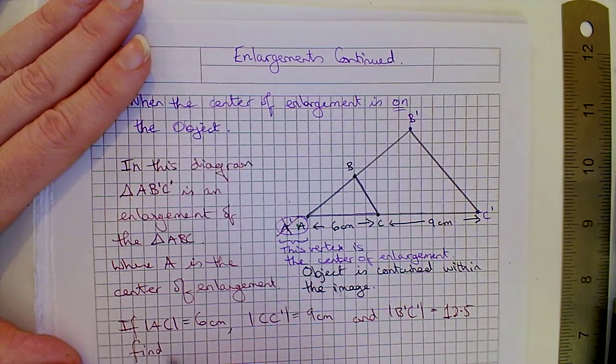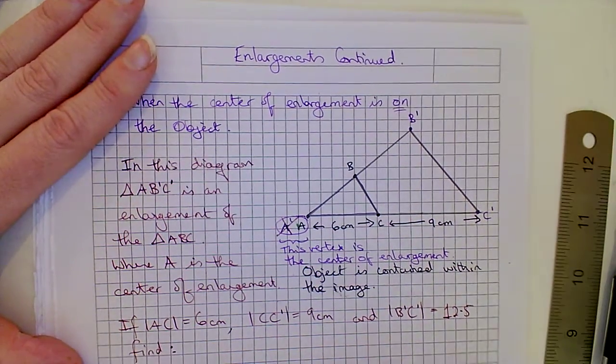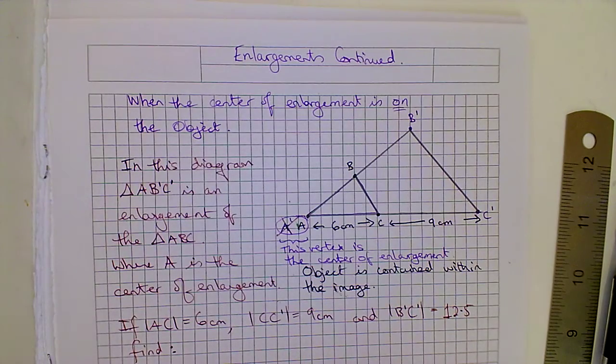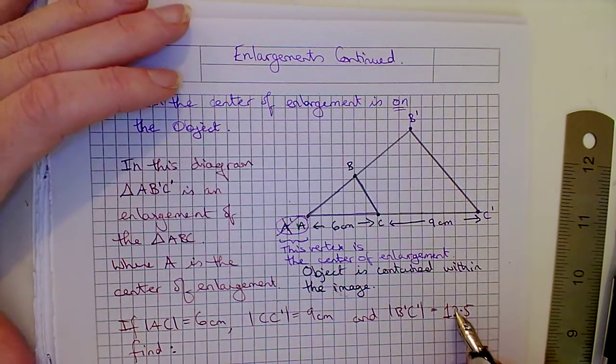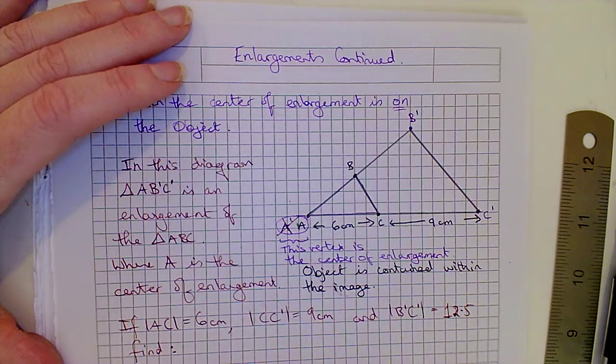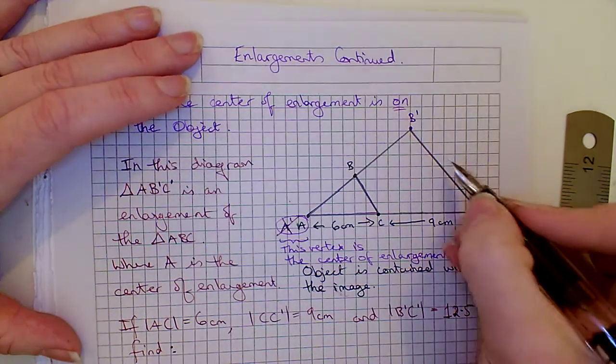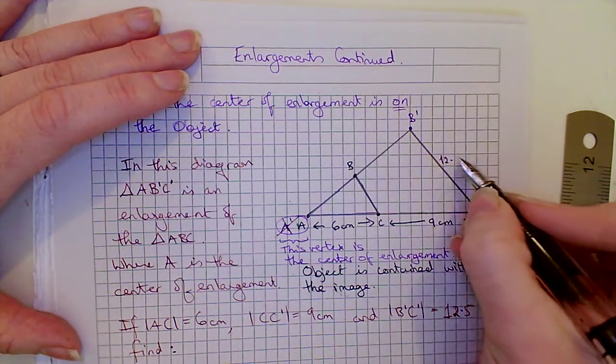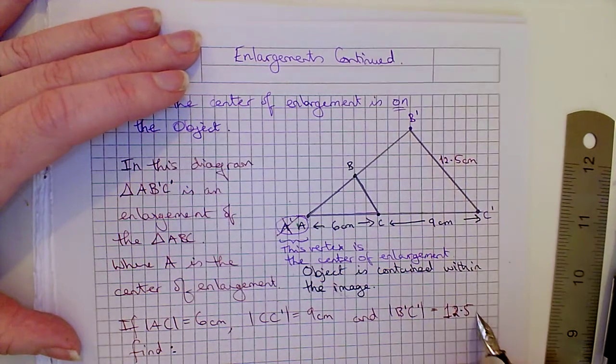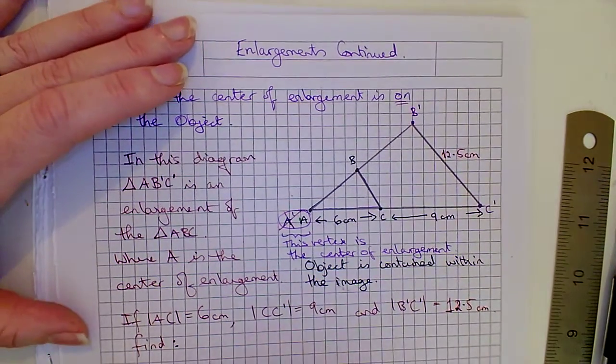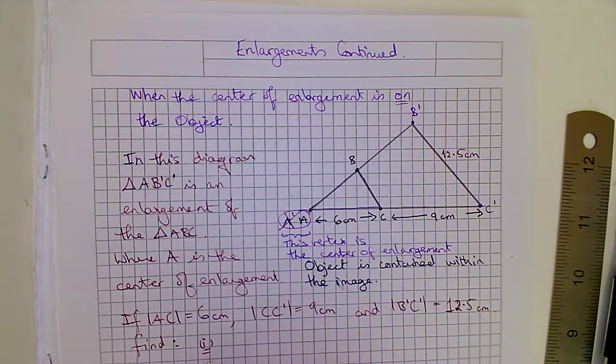Find the following things. So we haven't marked in the 12.5, and that's often how these questions come up. They put some of the information on the diagram and they leave some of it for you to do yourself. So we'll mark that in, 12.5 centimeters. So the things that we need to find then, what do you think?